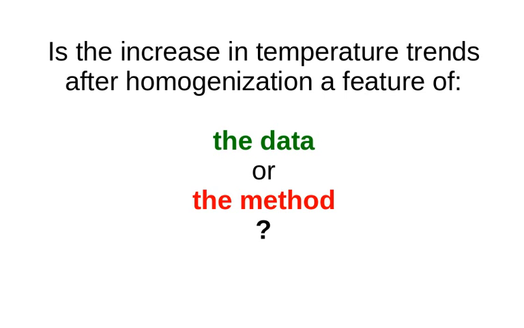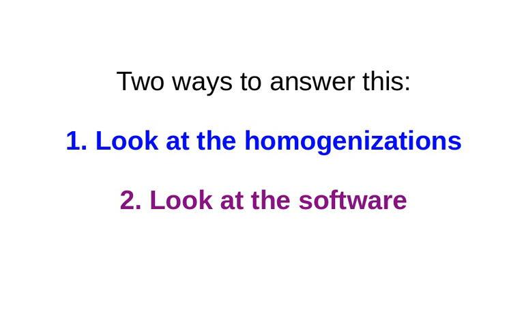In other words, they're a bias in the calculation. There are two ways to find out which is the case. Firstly, we can look at the data to see if we can find independent evidence for a trend in the inhomogeneities. Or secondly, we can apply tests to the GHCN software to try and find evidence for a bias.